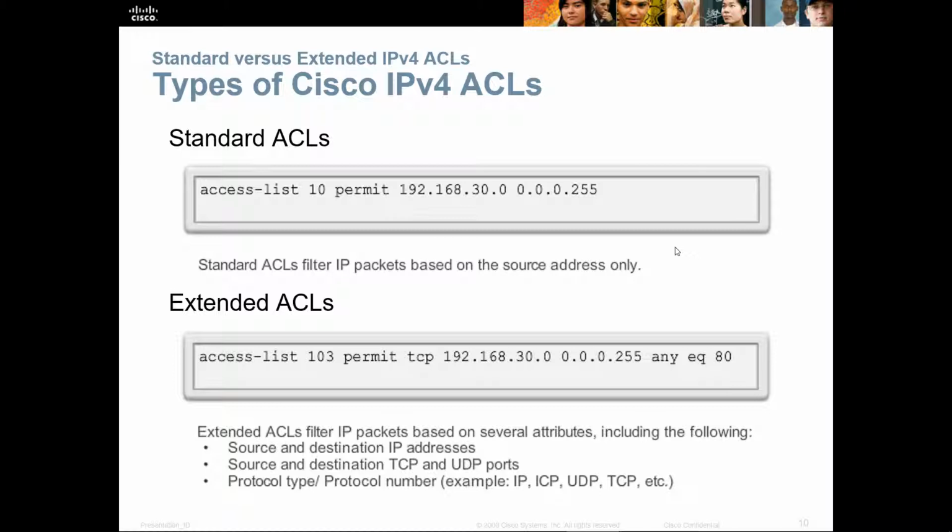So, types of ACLs. The two general types we're going to discuss are standard and extended. Standard ACLs filter IP packets based on the source address only. Extended ACLs filter based off of source and destination, or source and destination ports, or protocols.